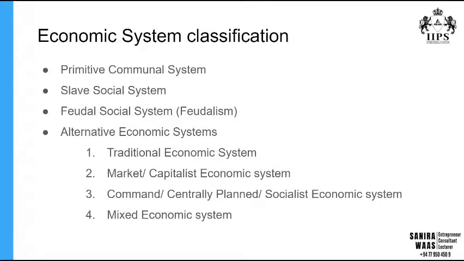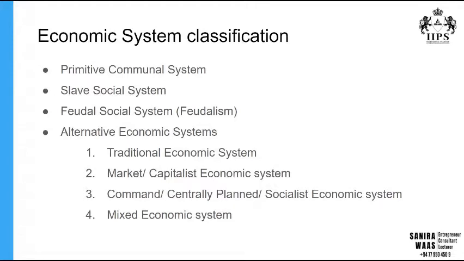Basically, the first three, the primitive communal, slave social, and the feudal social systems no longer prevail in the current modern economic context. The contemporary world does not hold such an economic system. Because of that, we are going to give much focus to the alternative economic systems classification.